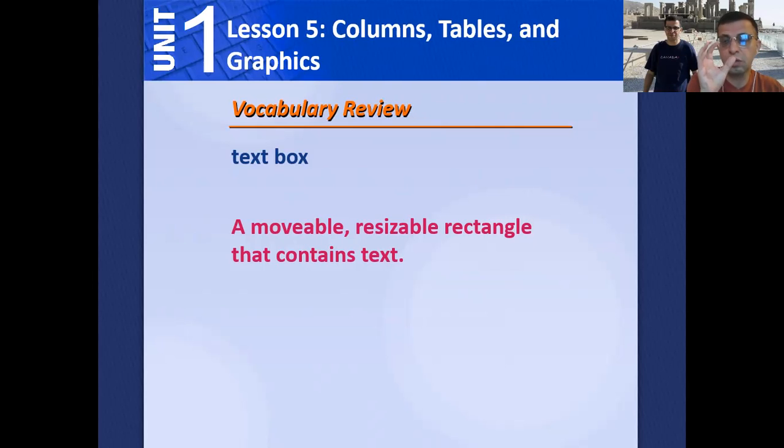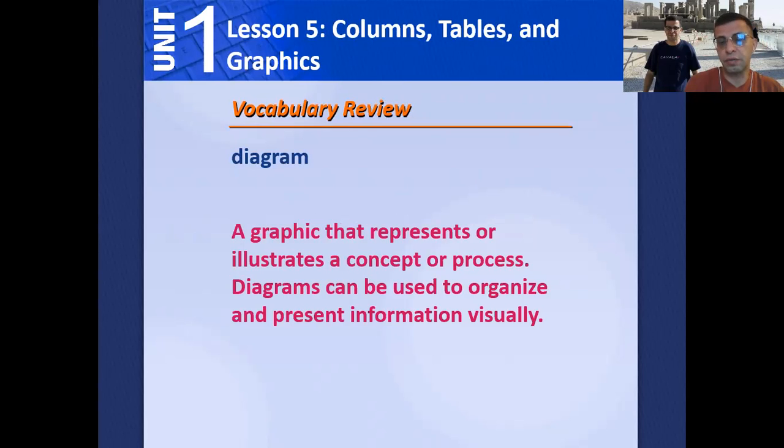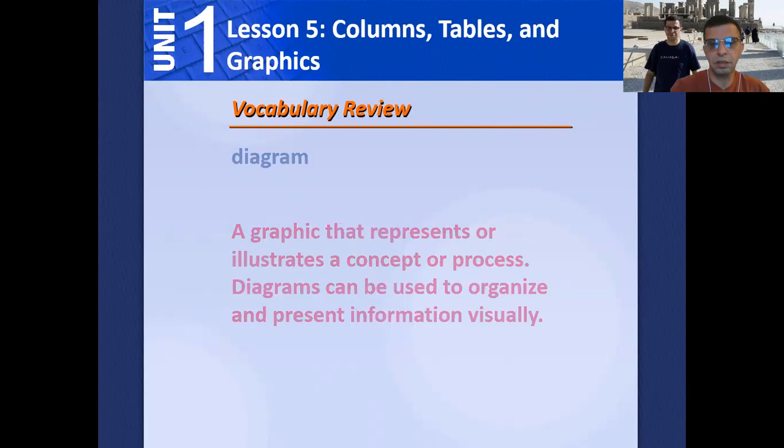So you can make it smaller, bigger, and move it. The diagram, as we said, is a graphic that represents or illustrates a concept or process. A diagram can be used to organize and present information. So you take a simple diagram and you can change inside each box to show more customized information.